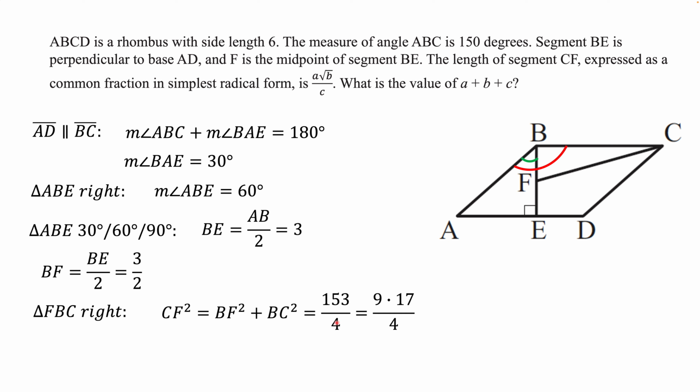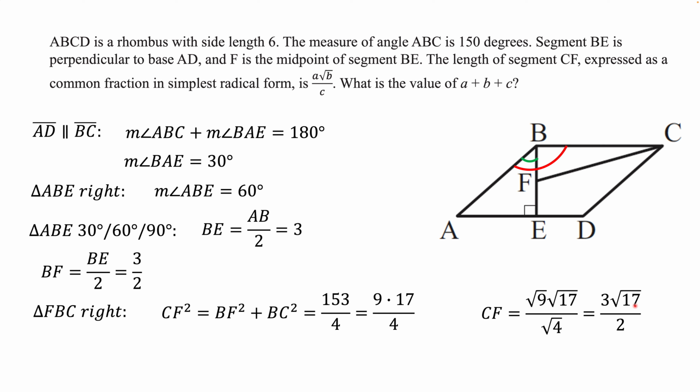If you plug in the numbers, you get 153/4. Now, 153 can be split into factors as 9 times 17. And now we want to take the square root of this to get CF. And we get 3 square root of 17 over 2.